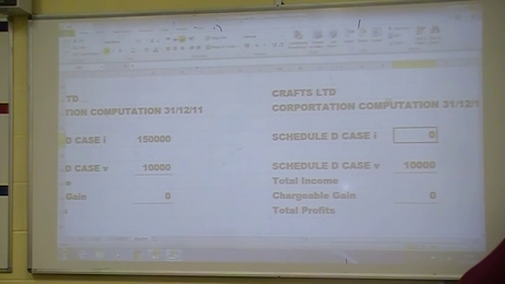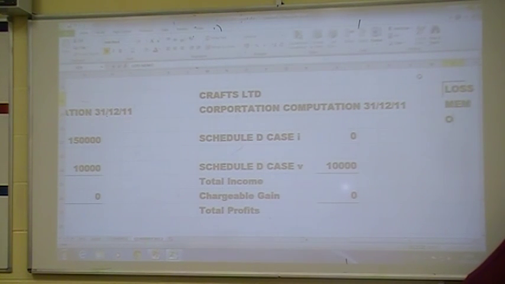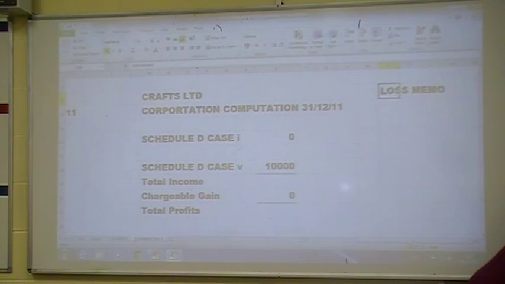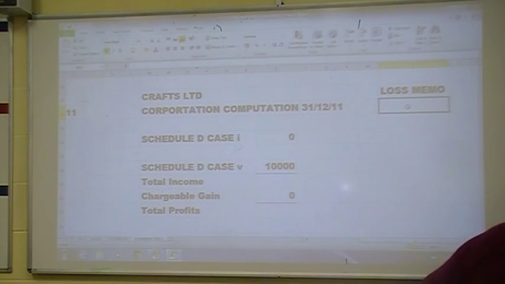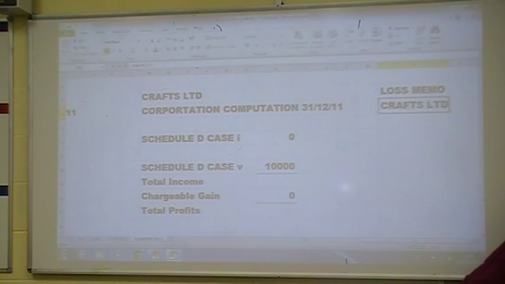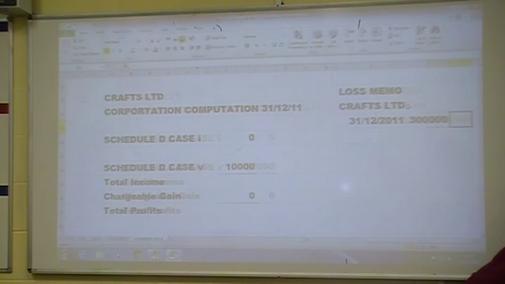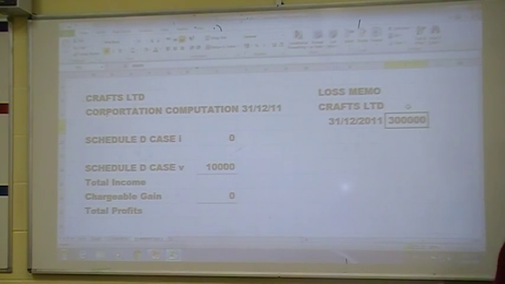So if we make a little loss memo now, crafts, 31st of December 11, and it is 300,000.